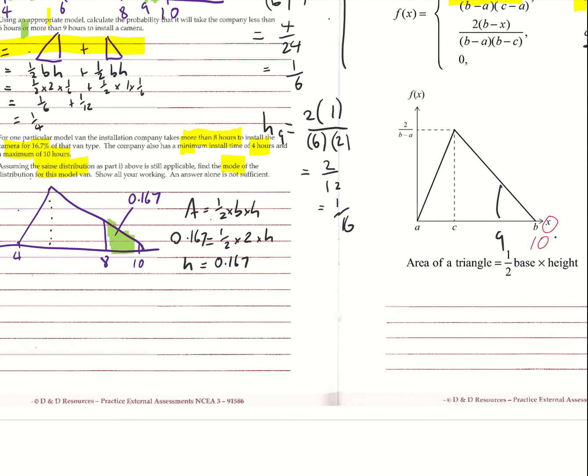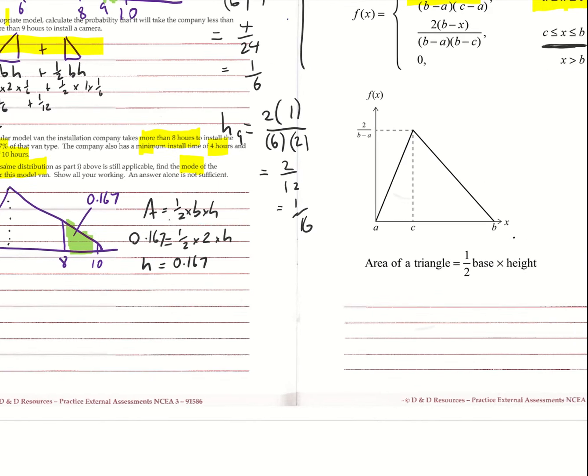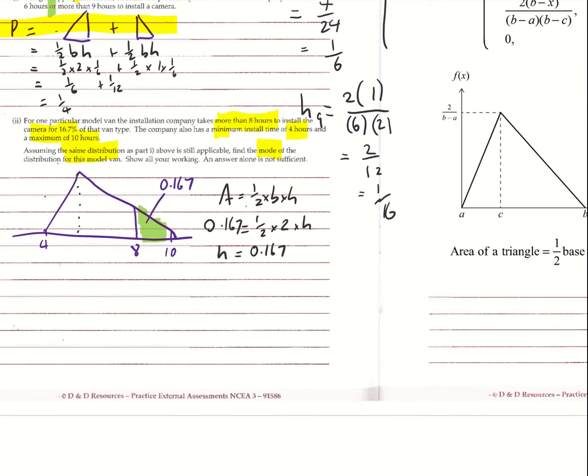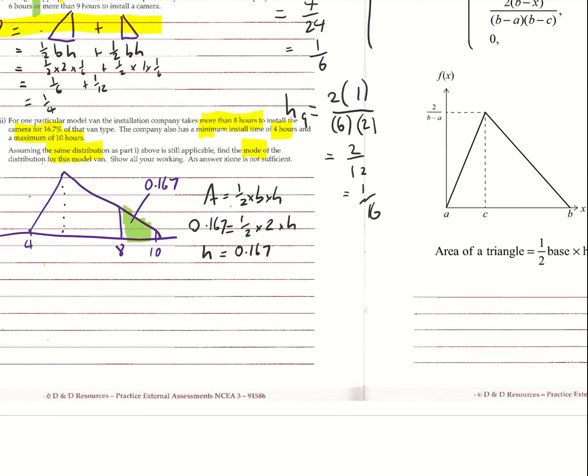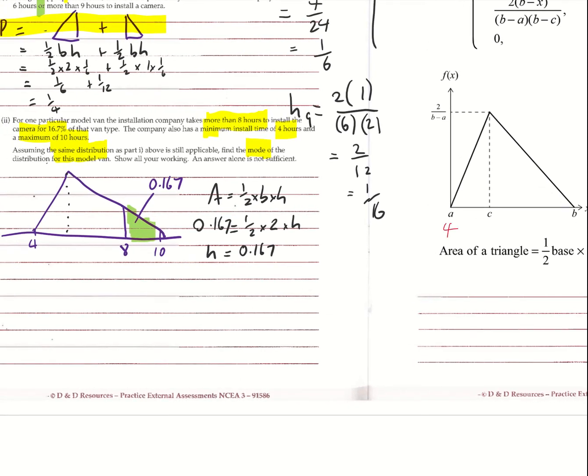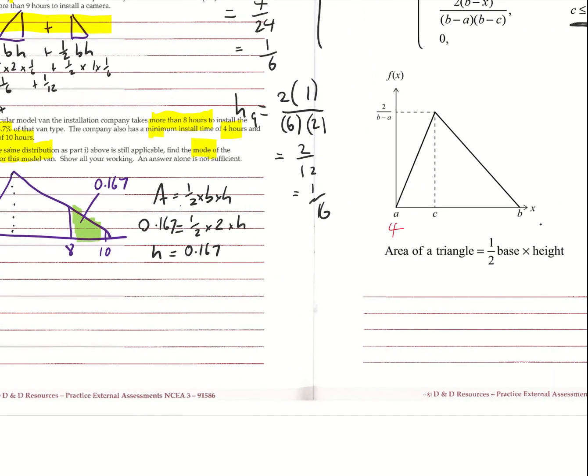We have to rub this stuff out because it's from the last question. And so in this situation, I have that A is equal to 4 and B is equal to 10, and this particular X value there is 8, and the height there as well.